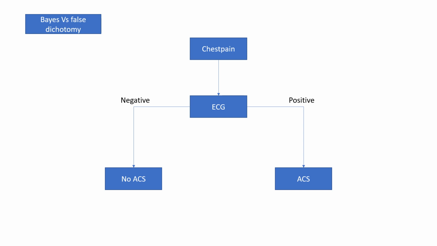Okay, so a bit of basics before we head into the systematic approach to ECGs. I can't go a video without talking about probabilistic thinking and Bayesian thinking. So we often think like this: if you have a patient with chest pain and you do the ECG, if the ECG is negative, then you have no ACS, and if it's positive, then you have ACS. And of course, according to a probabilistic worldview, that is not correct.